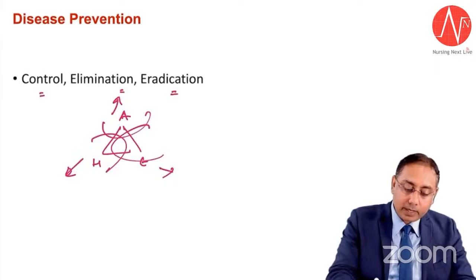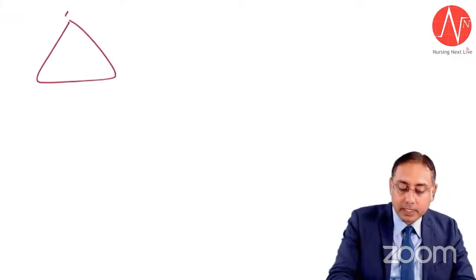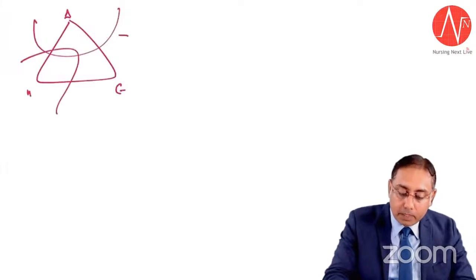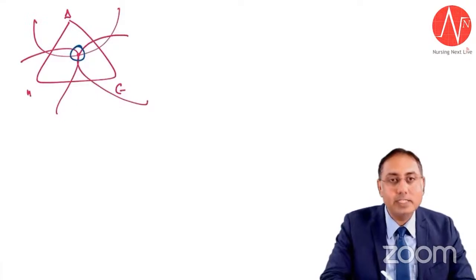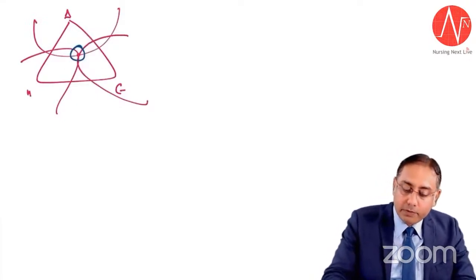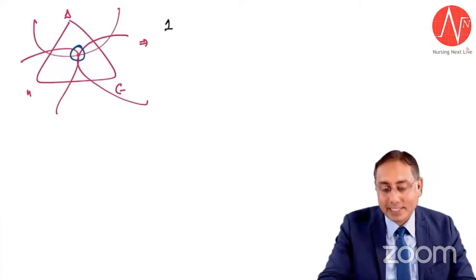So in the process, when you are cutting the mode of transmission, or interrupting the chain of transmission, and you are pulling the agent, host, and environment back, there could be a possibility that a very few number of people will have disease. This is called the first stage of prevention of disease.